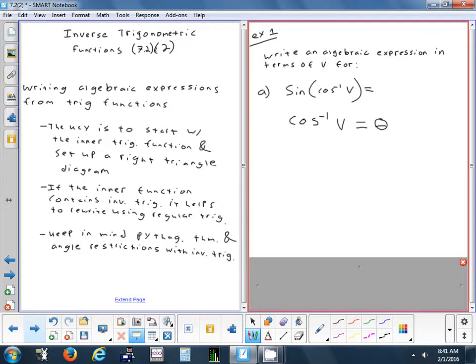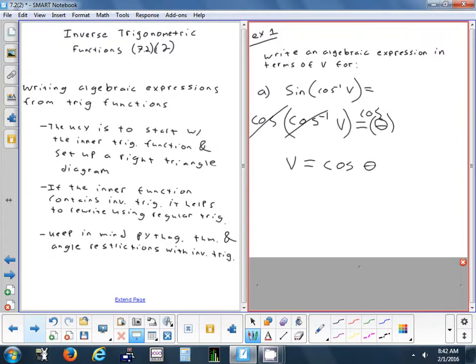Does anyone remember what function cancels out inverse cosine? Cosine. So I'm just going to take the regular cosine of each side. What that leaves me with on the left is v by itself. So v equals cosine theta.